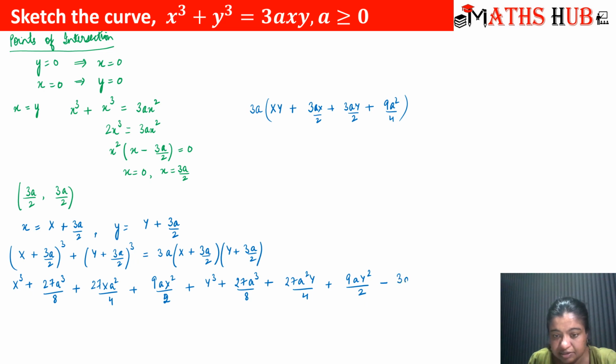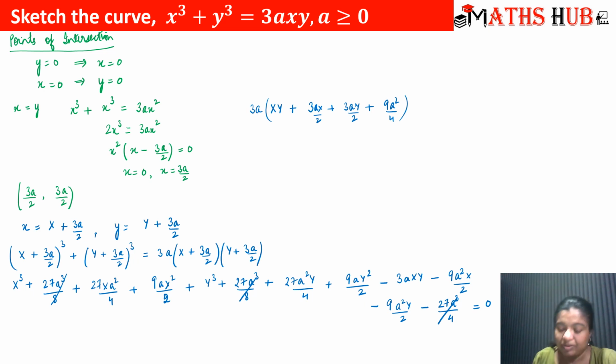So we will get 3a x y minus 3 into 3 is 9, a square x by 2 minus 9a square y by 2 minus 27a cube by 4 is equal to 0. So this is our equation, right? So here we can see that 27a cube by 8 will get cancelled, right? Then is any other term getting cancelled?